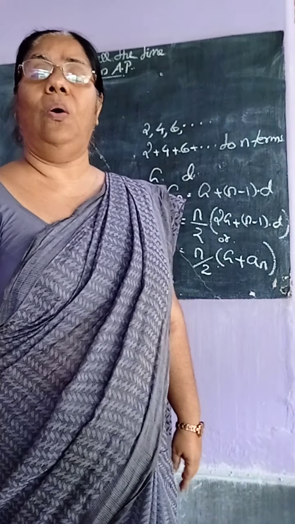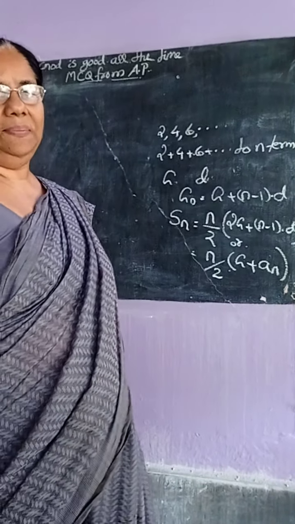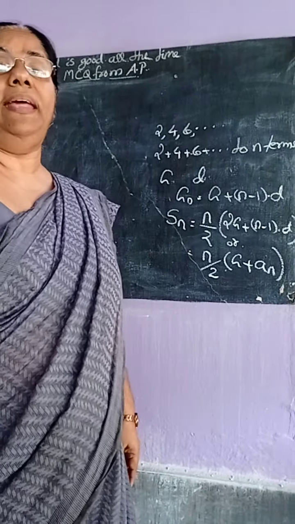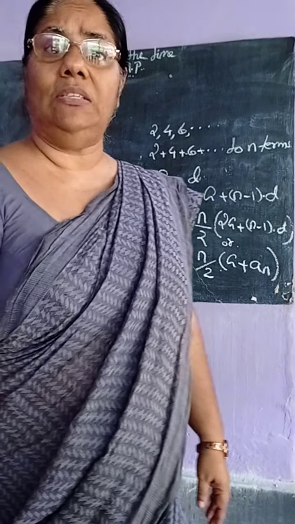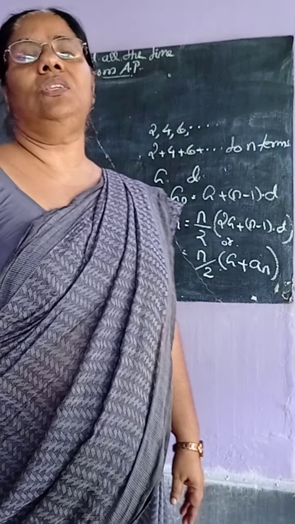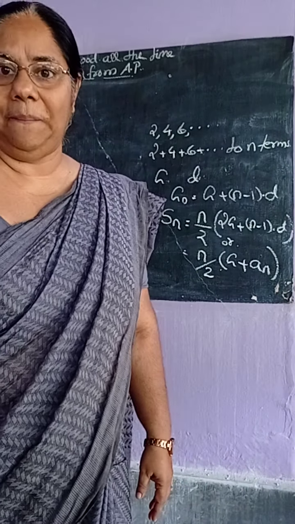Understand? Copy this. Sum of n terms of an arithmetic progression: Sn is equal to n by 2 into 2a plus n minus 1 into D.